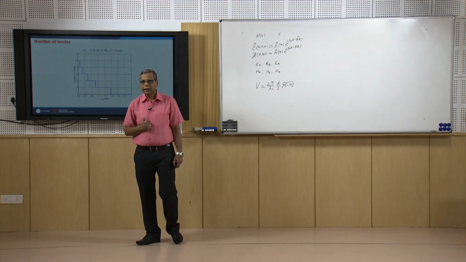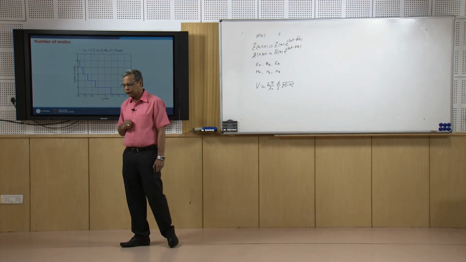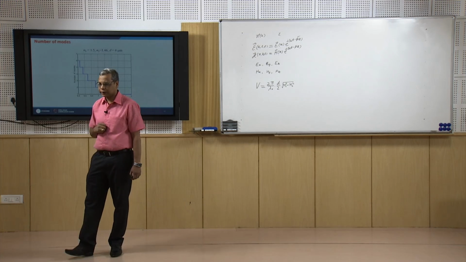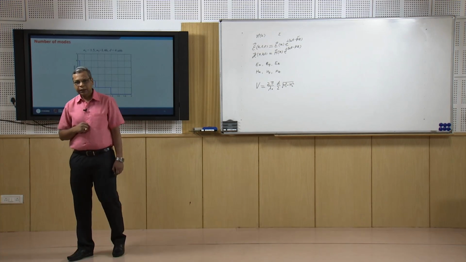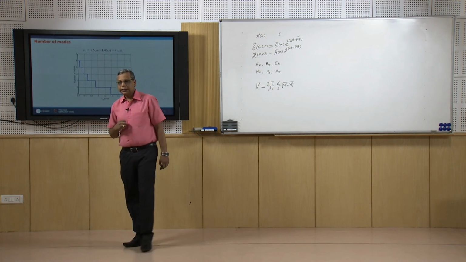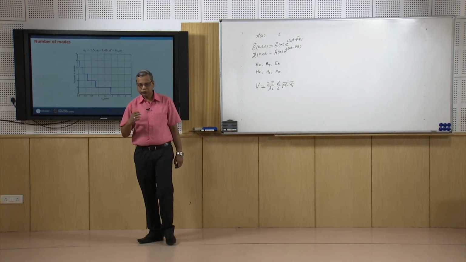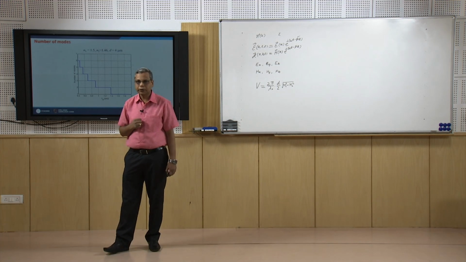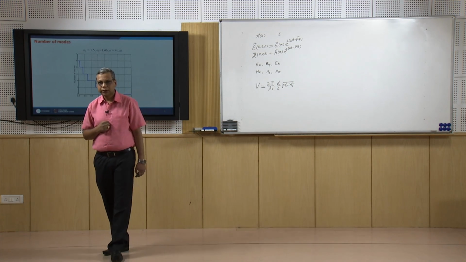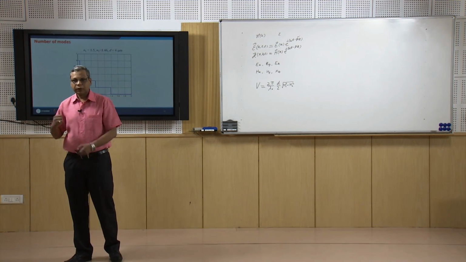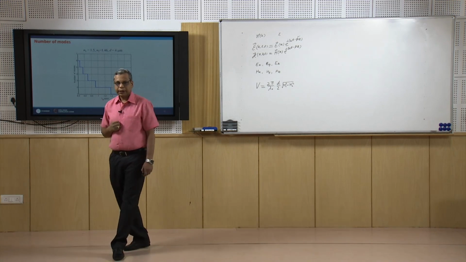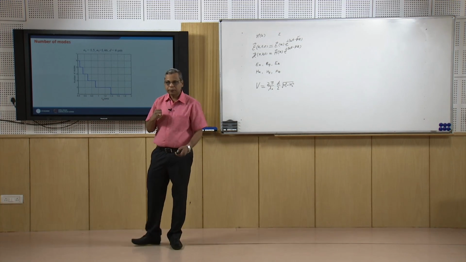Okay, and how the number of modes will change with wavelength, how the number of modes will change with waveguide parameters. What still remains to find out is the values of beta, the values of the propagation constant, the expression for modal field, the field plots.